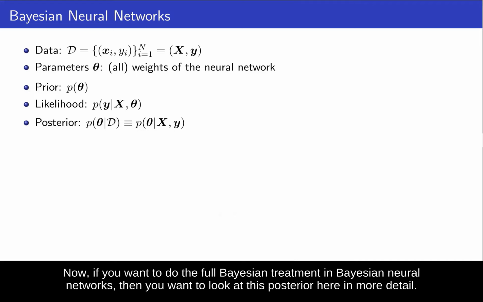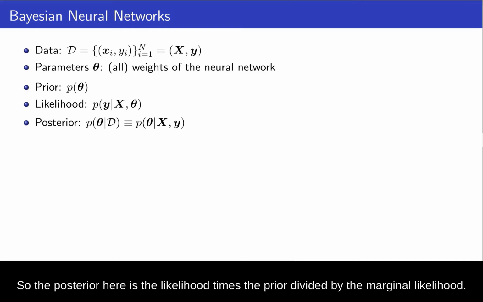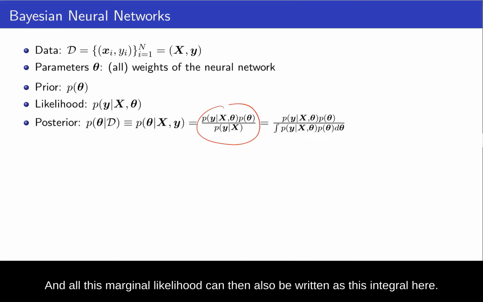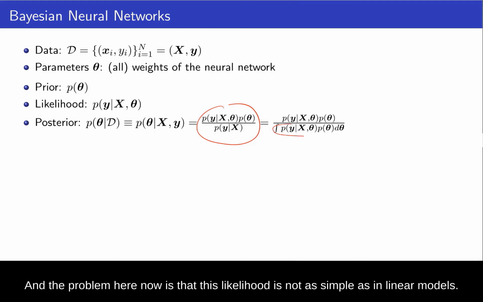Now, if you want to do the full Bayesian treatment in Bayesian neural networks, then you want to look at this posterior in more detail. So the posterior is the likelihood times the prior divided by the marginal likelihood, and this marginal likelihood can also be written as this integral here.